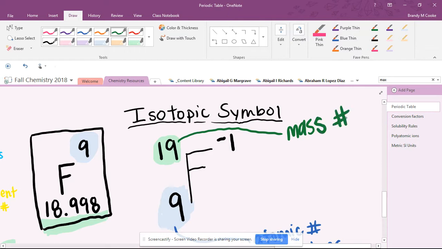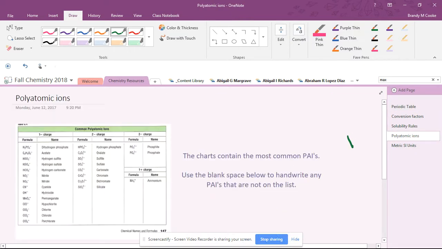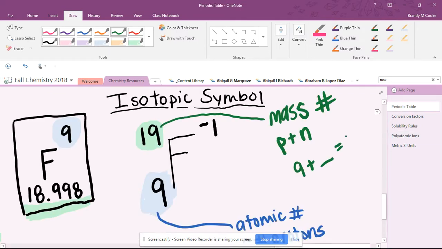The mass number is a whole number because it represents the protons plus the neutrons. And so I can look at this and I know that if my atomic number is 9, I have 9 protons right here, right? 9 plus whatever has to equal 19, because it's the protons plus the neutrons, which is what I don't know, equals 19.